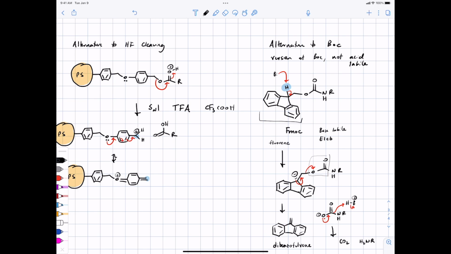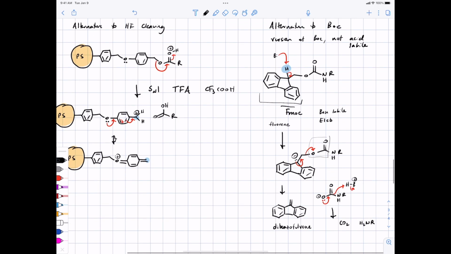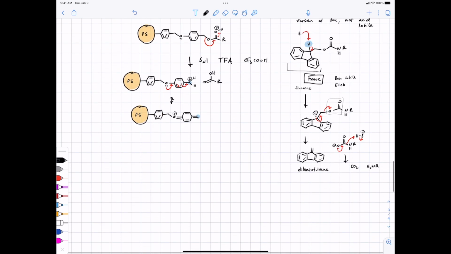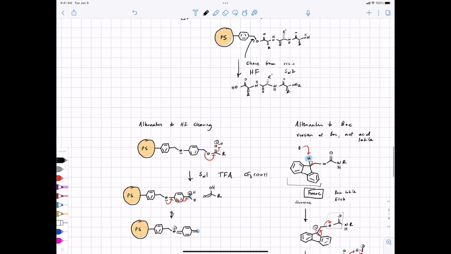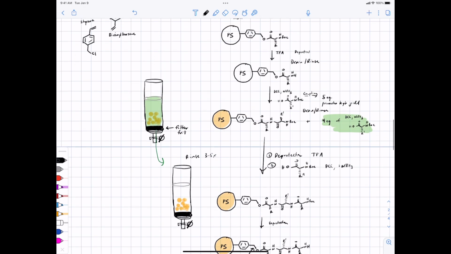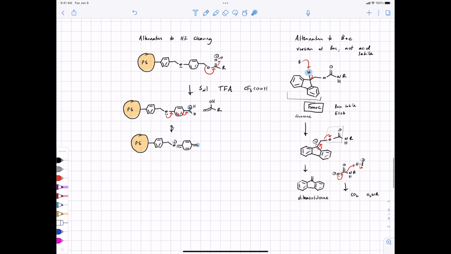Coupling reactions are exactly the same, but your peptide never sees TFA until the very end when you cleave it from resin. So this is called the FMOC approach to solid phase peptide synthesis. An FMOC synthesis would be exactly the same as a Boc synthesis, only instead of using TFA for the deprotection, you're going to use a strong base.